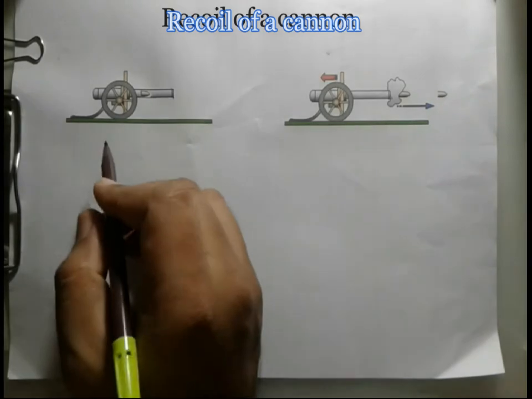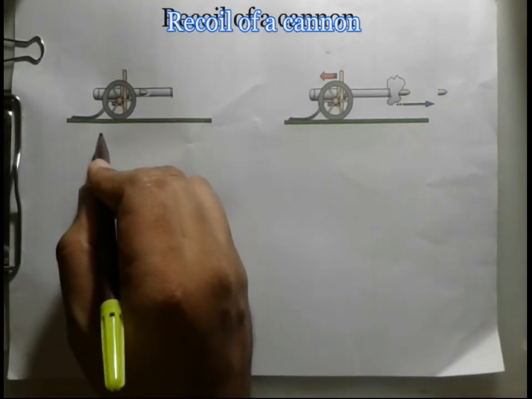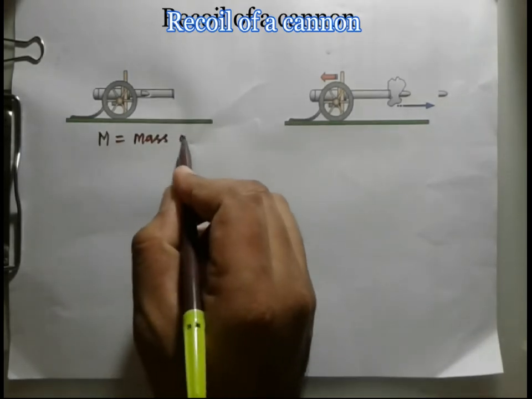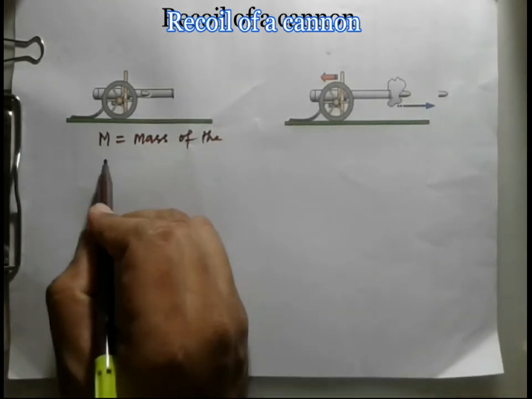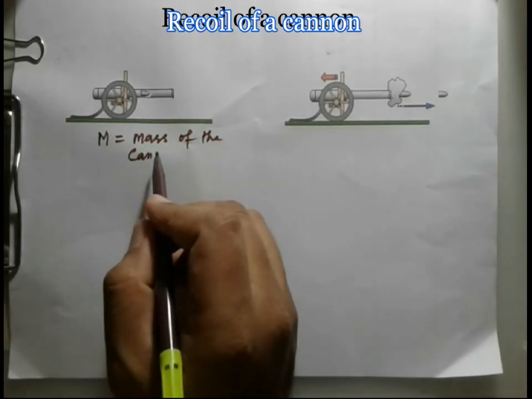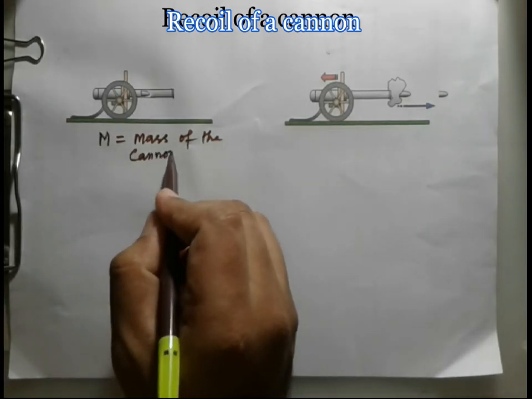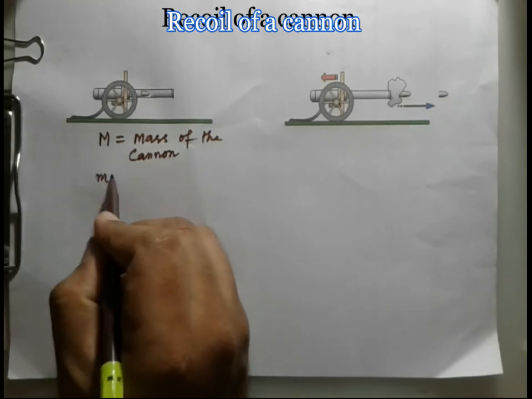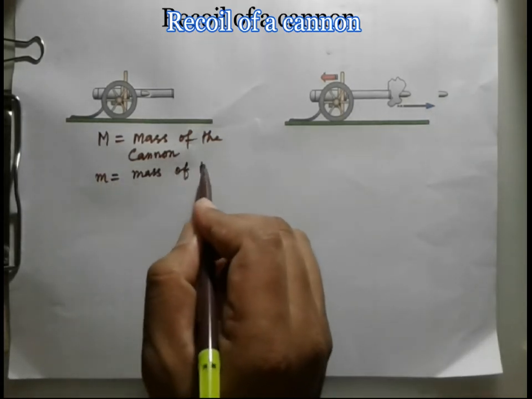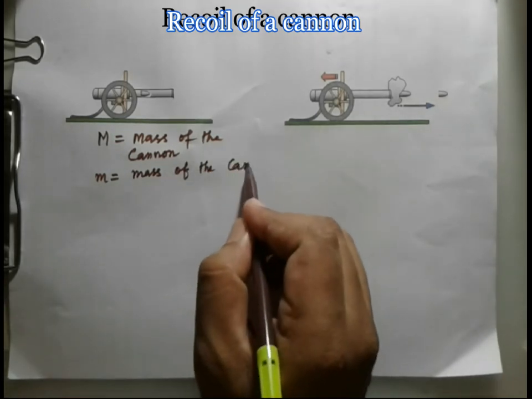Suppose capital M is the mass of the cannon, and small m is the mass of the cannonball.